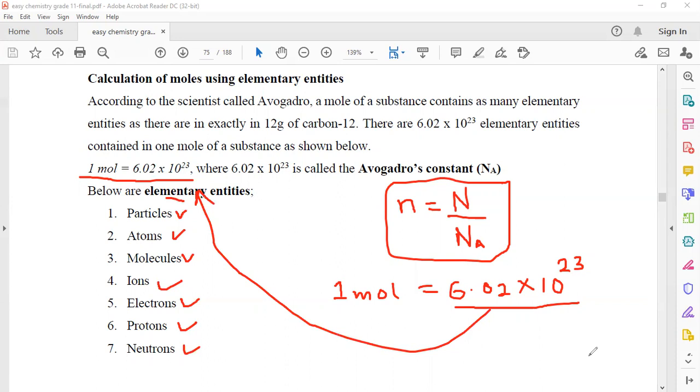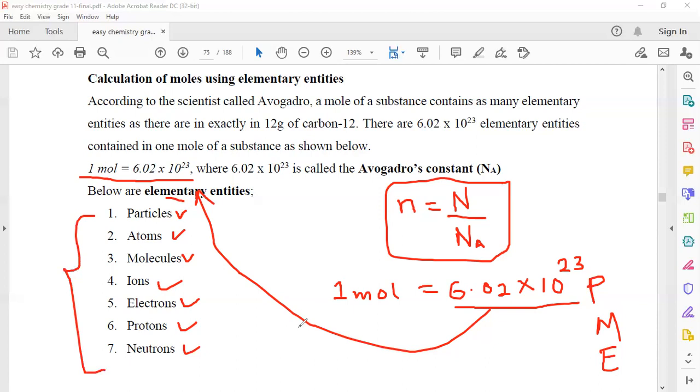This simply means that if we are looking at one mole of an atom, this number can represent atoms. If you're looking at particles, this number can represent particles. If you're looking at molecules, this number can be molecules. If you're looking at electrons, this number can be electrons. So it's a constant. Therefore, it can represent any of the elementary entities that we have highlighted here.